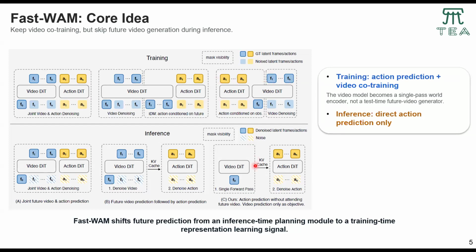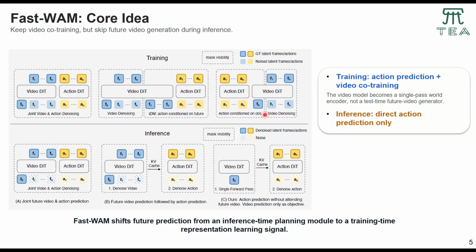But during inference, it only utilizes the current observation F0 to generate the final actions, which means the video generator model here becomes a single-pass world encoder to generate the latent world representation, not a test-time future video generator.